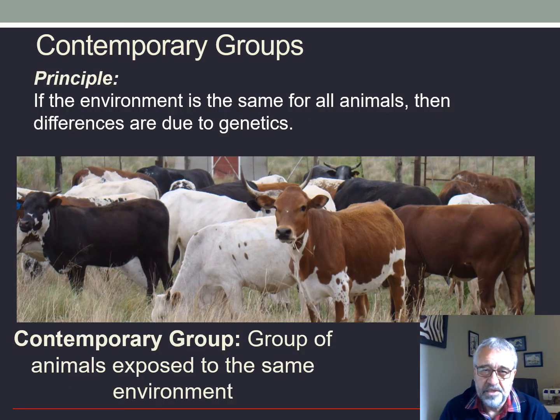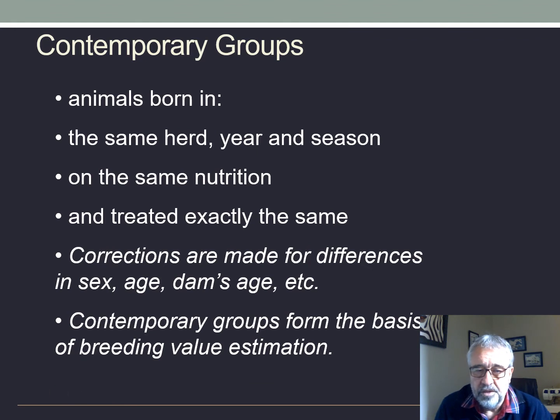So the principle is that the environment needs to be the same for all animals, and that the differences that are expressed, or the variation that one measures, given the differences in the heritability, would enable you to compare animals genetically. So it should be animals exposed to the same environment. As a principle, it will be animals born in the same herd, year and season, on the same nutritional plane.